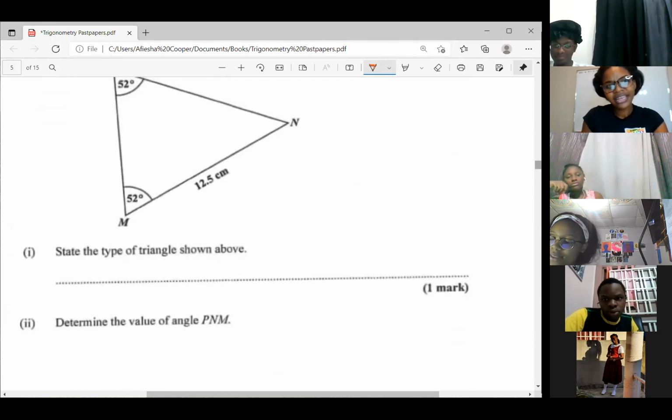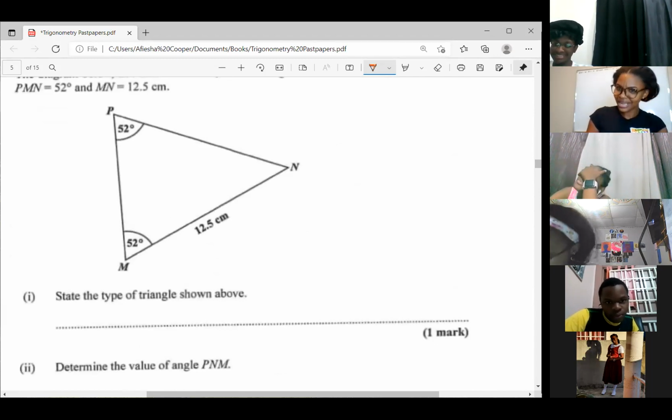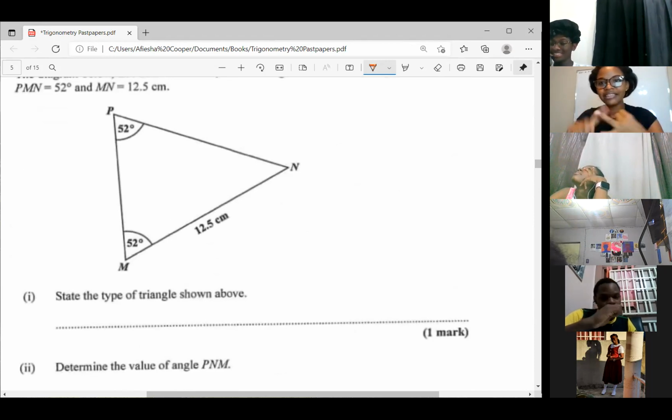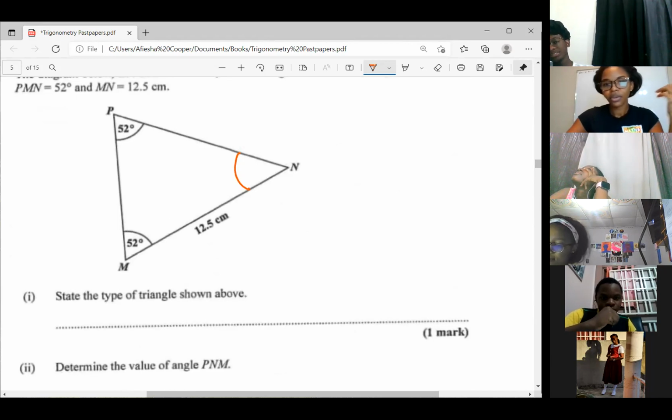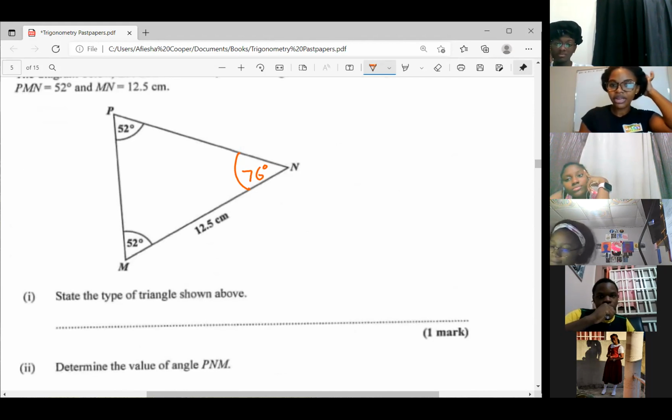Isosceles? What's an equilateral triangle? Same sides and same angles, right? How much is the angle inside here? 76. How did we get that? Because we add up 52 and 52 and subtract it from 180.